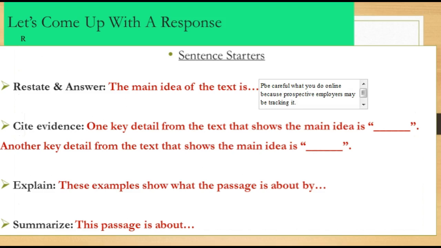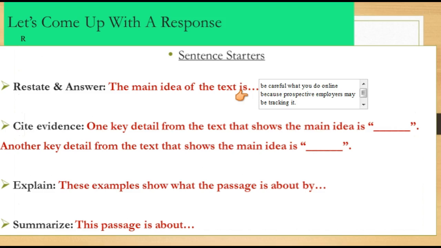Now, how do we know that that is the right answer? Because we're going to move to the next part of the RACES strategy, which is the C. We're going to cite evidence. Evidence is the information we got from the text to show us that this was the main idea.